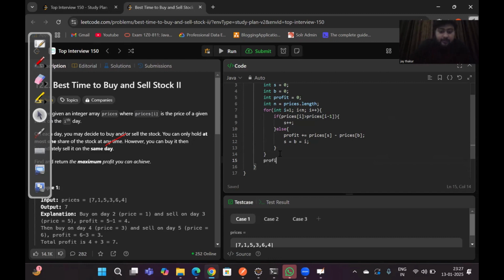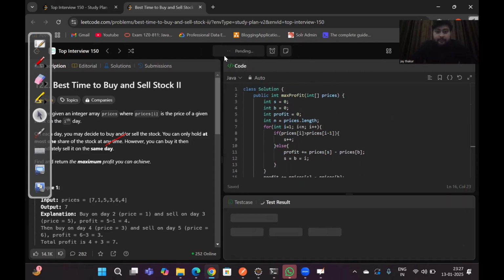So we will handle it. We will simply add it into the result, equal to prices on selling date minus prices on buying date. After that, we will simply return this profit.